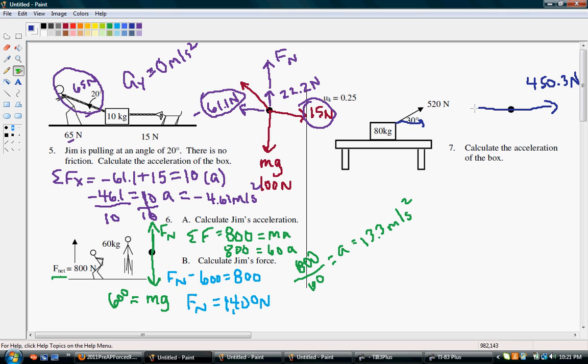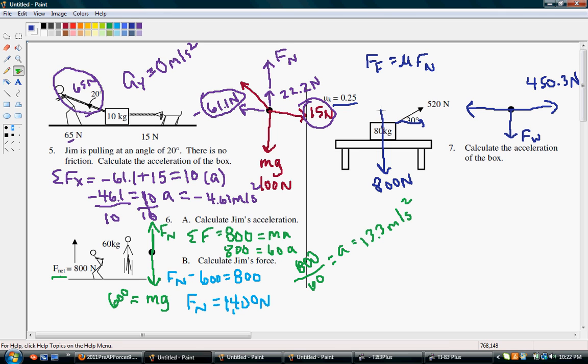We also have a frictional force to the left. Well, the way that we find frictional force is we multiply mu by the normal force. Well, we have mu, it's right here, it says it's 0.25, but we don't know the normal force yet. Well, we know that there's a force of weight being applied down, which is equal to mass times gravity, so 800 newtons down.